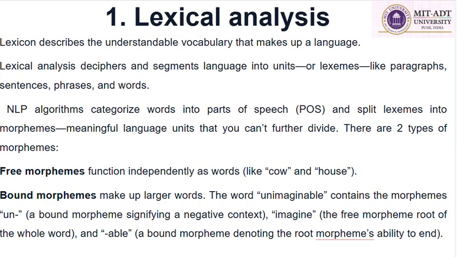Sometimes you might get independent words like cow, house, dog. But there will be some words that are a combination, like unimaginable. Unimaginable has three different morphemes combining to form that word. So sometimes lexical analysis also needs morphological analysis.